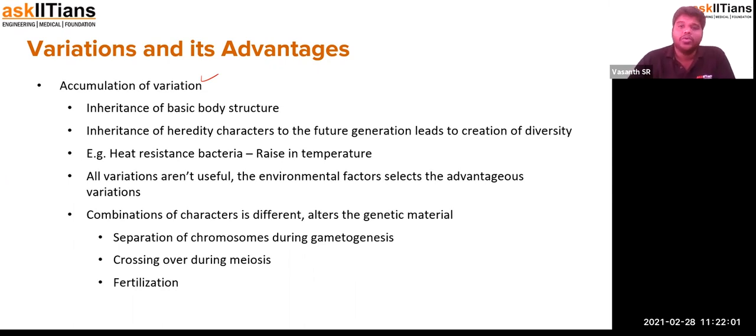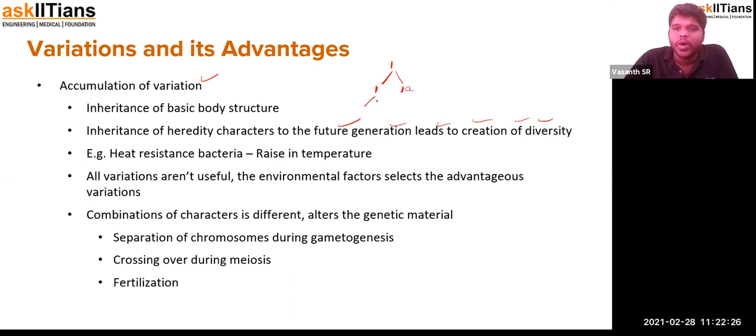Future generations lead to creating diversity. This is another very important point: it leads to the creation of biodiversity. Why? Because every change in the genetic material will cause diversification. If this is organism 1, due to one particular change, 1 will be existing and 1A will also be existing.